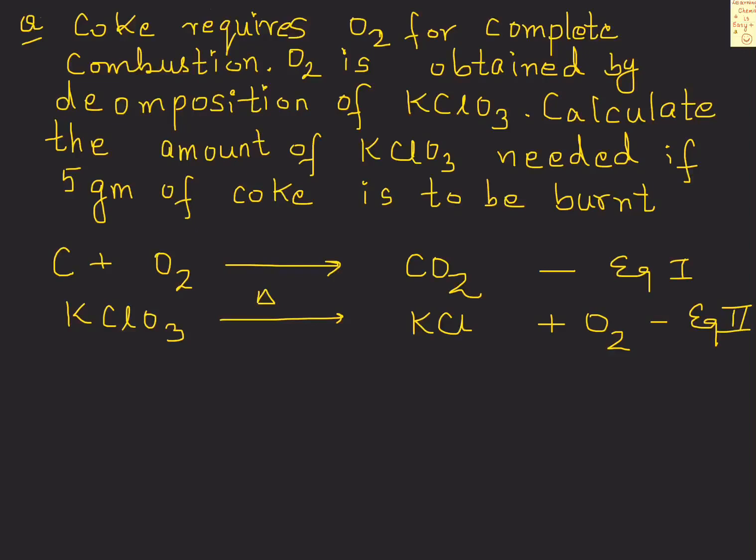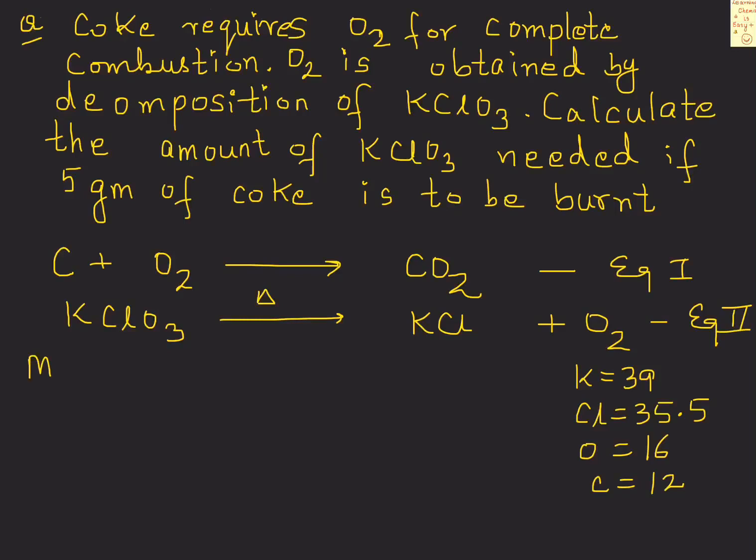It's completely as per your convenience. For those who want to try this question and go ahead, here are the atomic masses: potassium 39, chlorine 35.5, oxygen is 16, and of course our favorite carbon is 12, which we know from the unified mass as well.